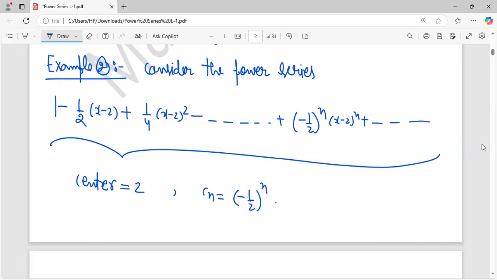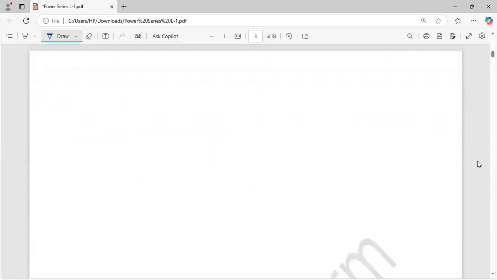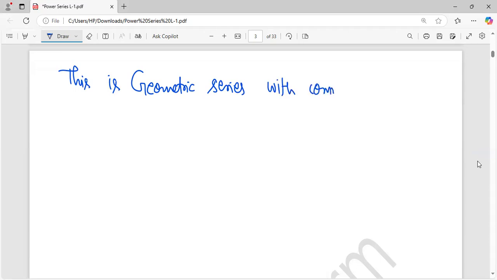Okay. Now we know this series converges. This is a geometric series with common ratio r is equal to minus 1 by 2 (x minus 2).